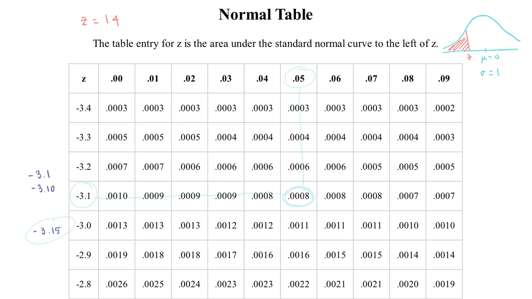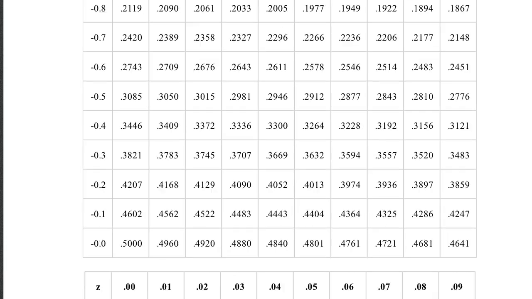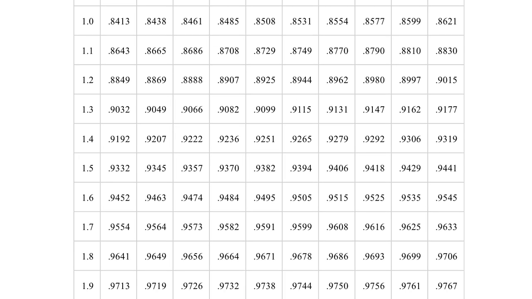In the previous problem, our z-score is 1.4, so we have to go to the positive side of the table, z equals 1.4. And also, remember, the z-score from the table is 2 decimal places. So even though our z-score is 1.4, we're going to rewrite this as 1.40.